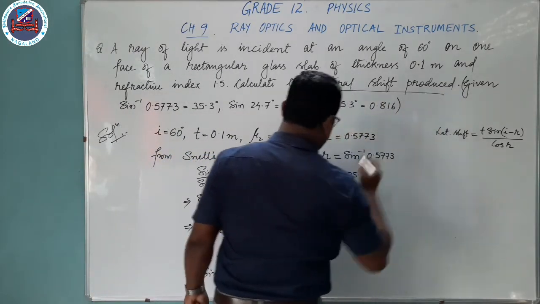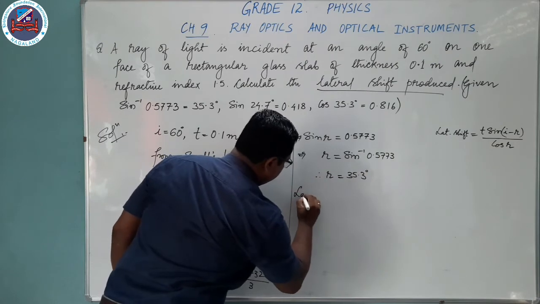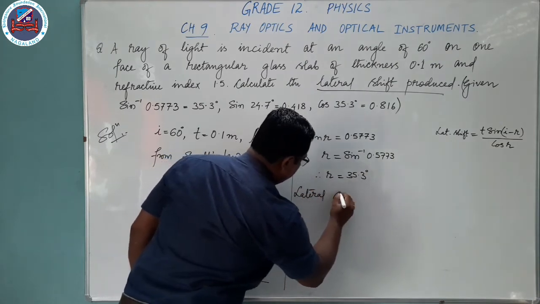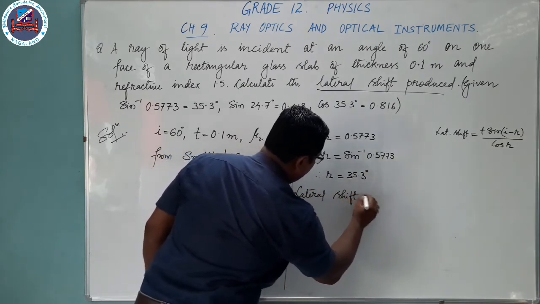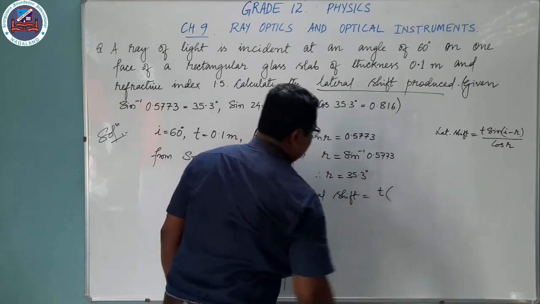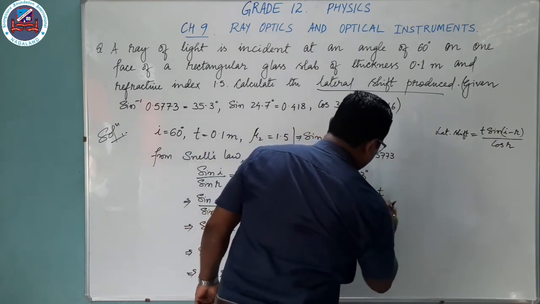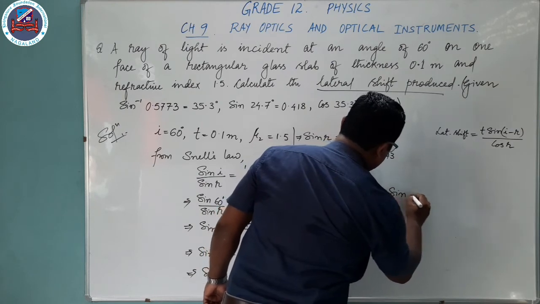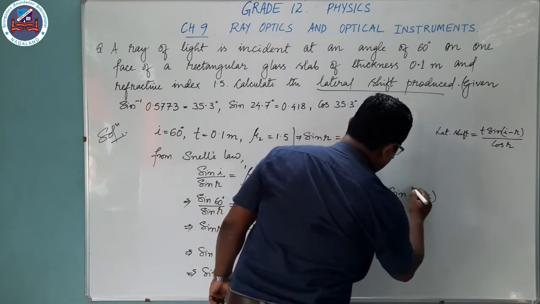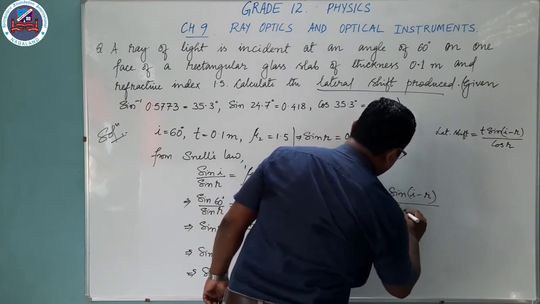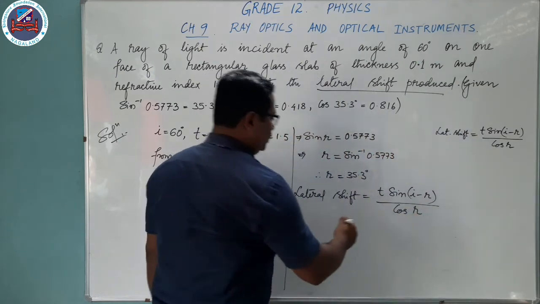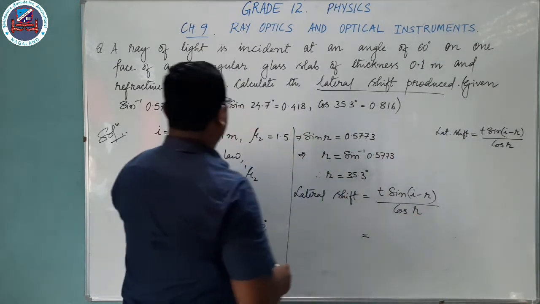Lateral shift is equal to the thickness of the glass slab multiplied by sine of the angle of incidence minus angle of refraction, divided by cos of the angle of refraction. Put the value for thickness.